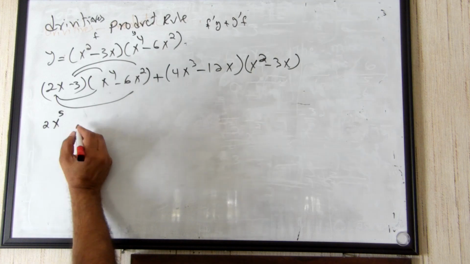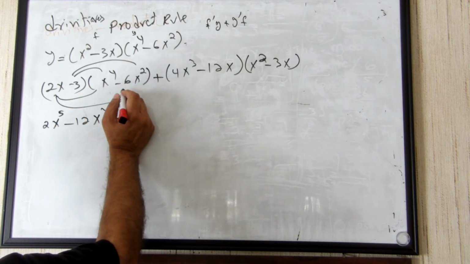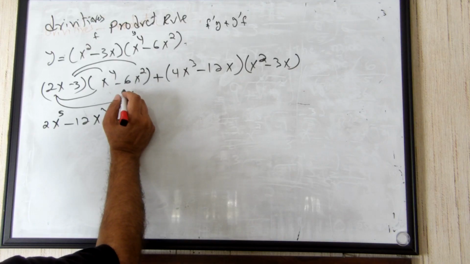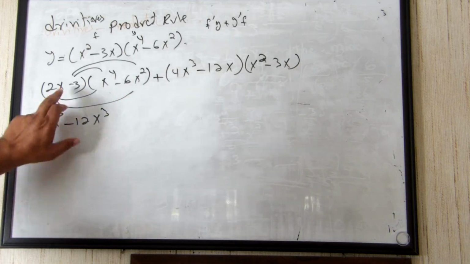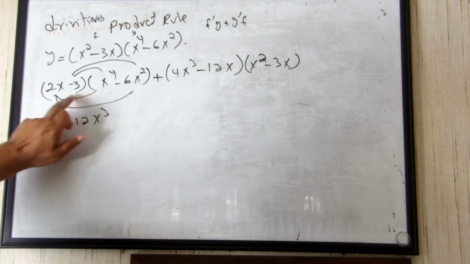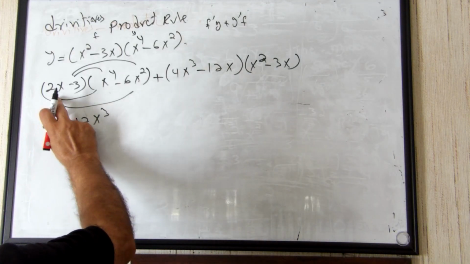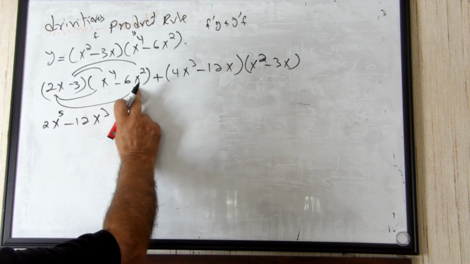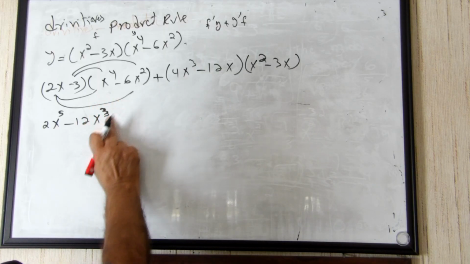And minus 12x^3, minus... no. Okay, this times this one, this times this one. Yeah, this one, minus 2x times this one, minus 12x^3.